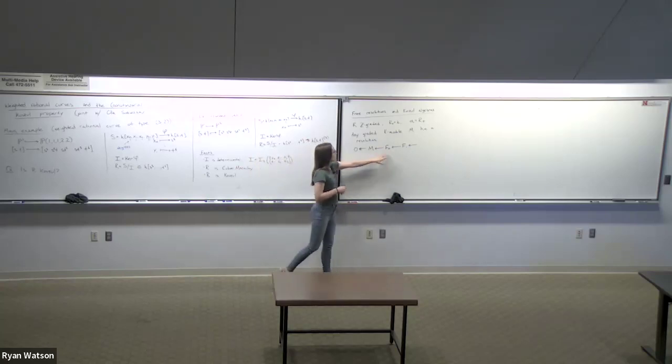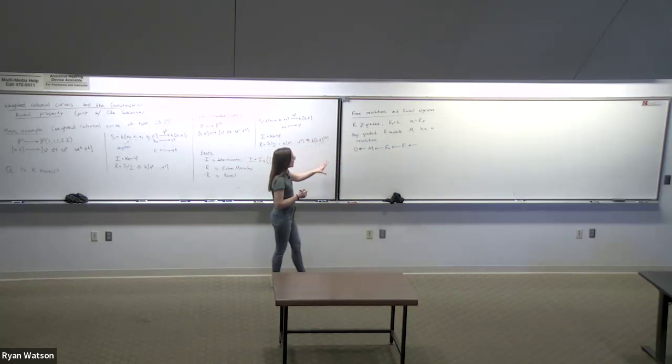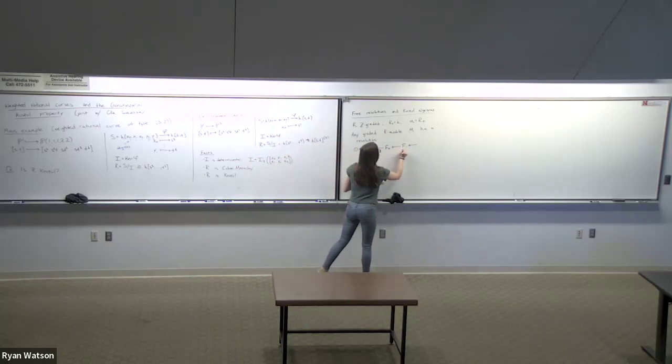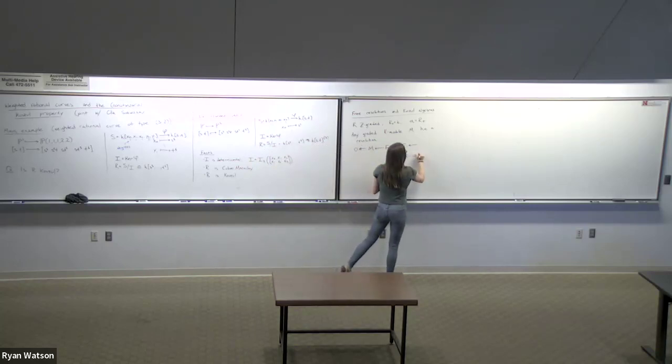And what do these modules look like in case these aren't objects that you work with too often? They're graded free modules over R, which means that they could look, just for example, like maybe R with a twist of -1, and then some copies of R twisted by another number, maybe -3.